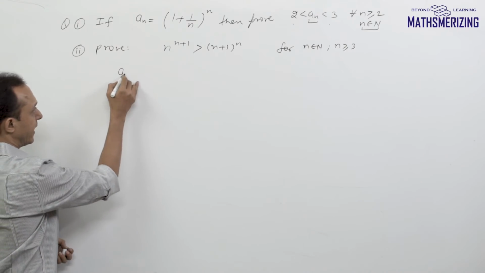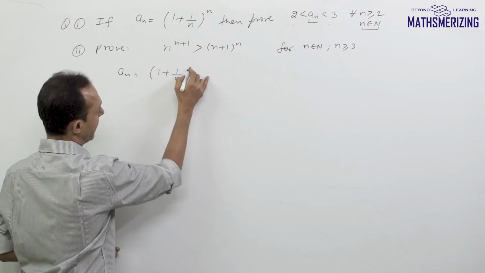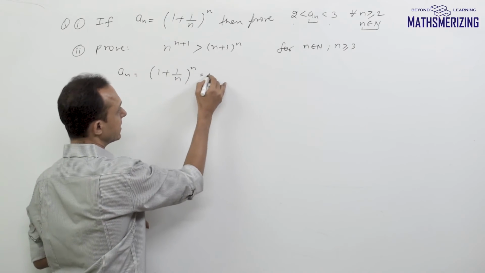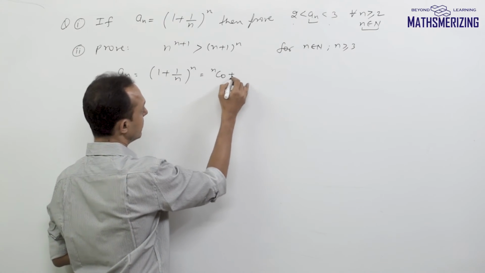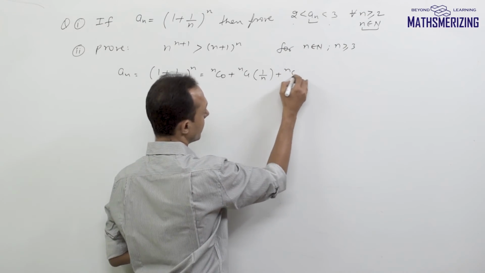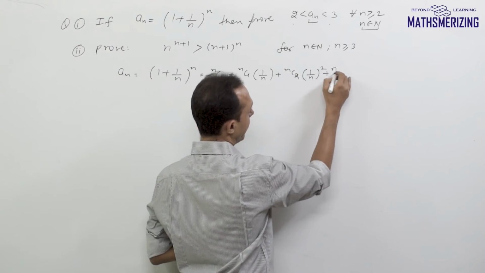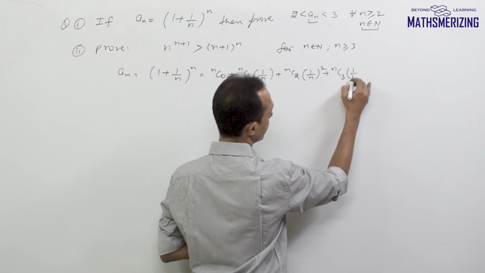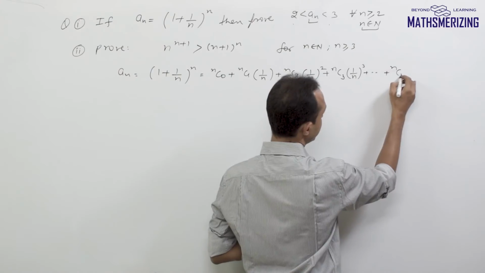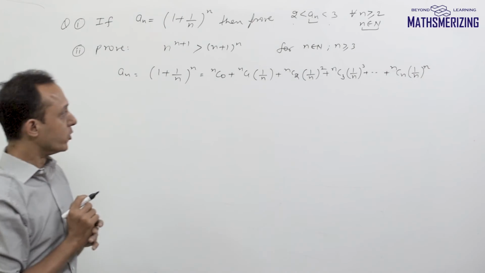So I write this a_n as (1 plus 1 by n) to the power n. Now if I use the binomial theorem, I can write it as nC0, nC1 into 1 by n, nC2 into 1 by n squared, nC3 into 1 by n cubed, and it will go up to nCn and 1 by n to the power n.